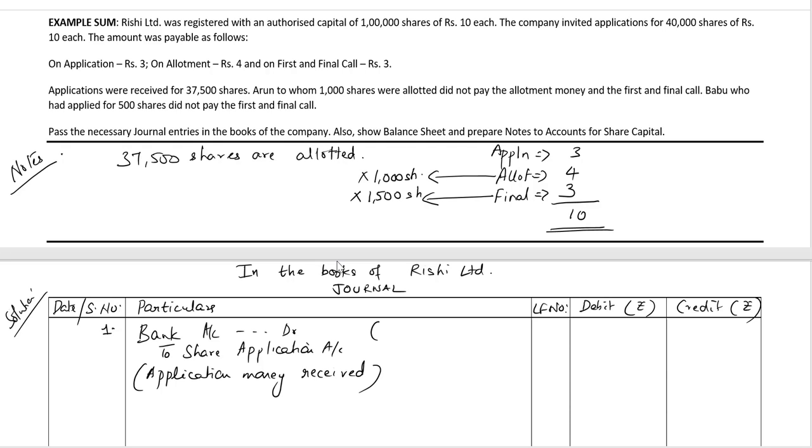The amount of application money received is 37,500 shares multiplied by 3, which comes up to 1,12,500 rupees.